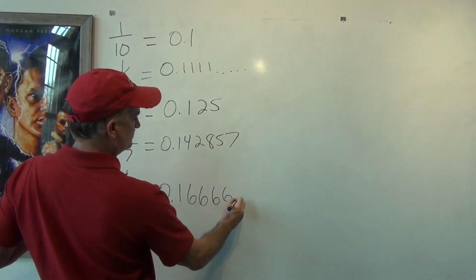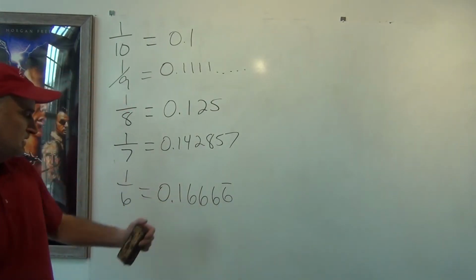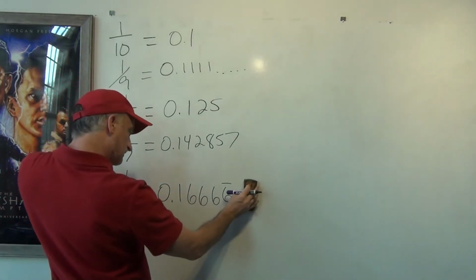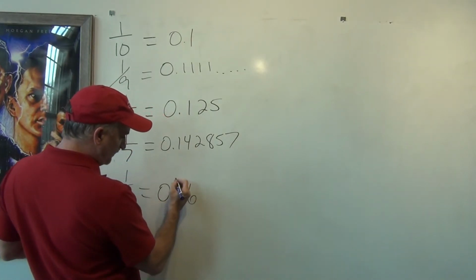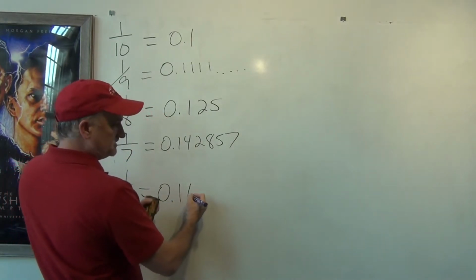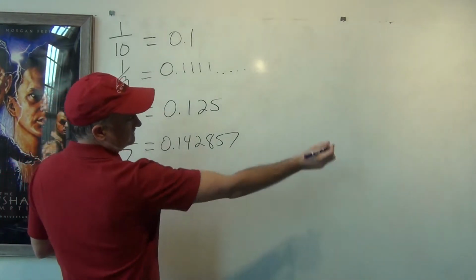And the 6 keeps going. 0.166666. So I put a line over it. Remember now, if the line went over both of them, it'd be 0.16, 16, 16. But I only put it over the 6, so that means the 6 just keeps going.